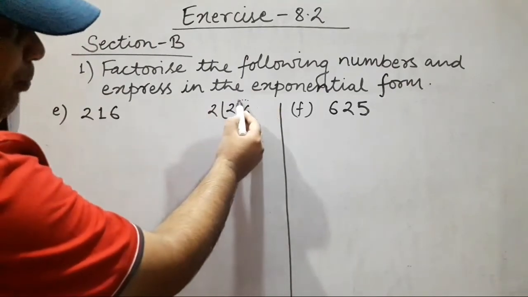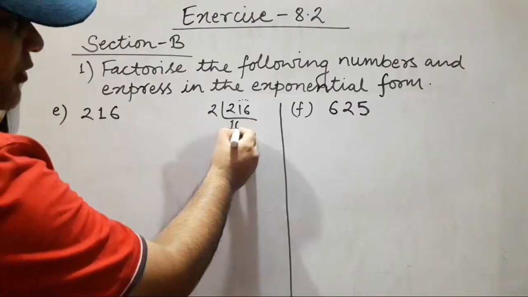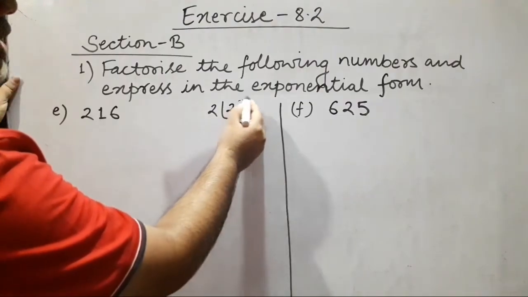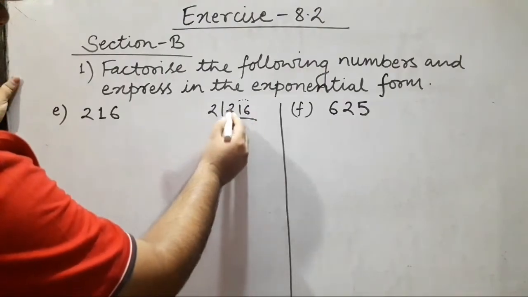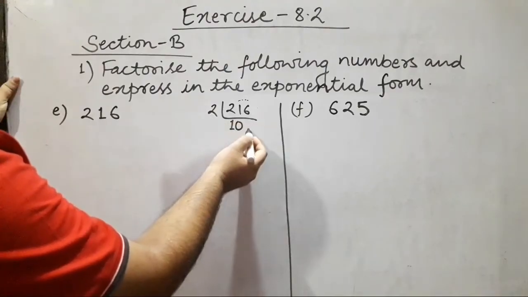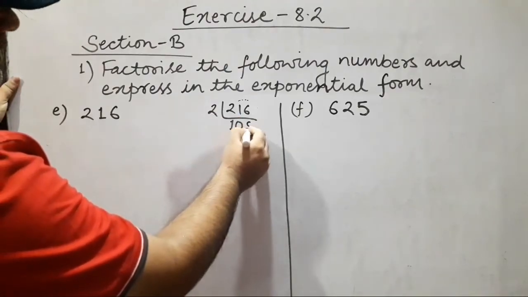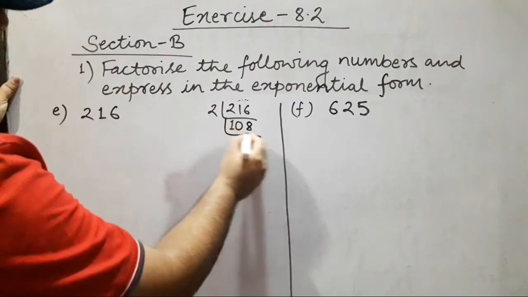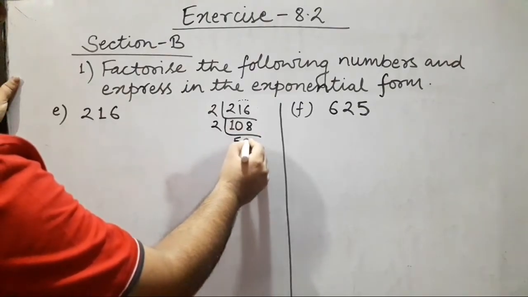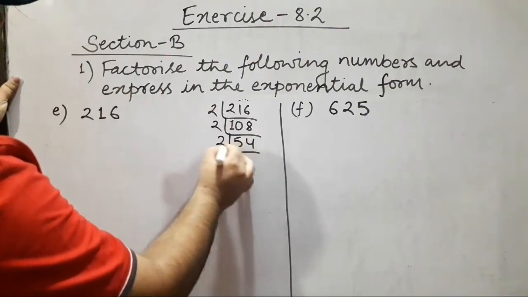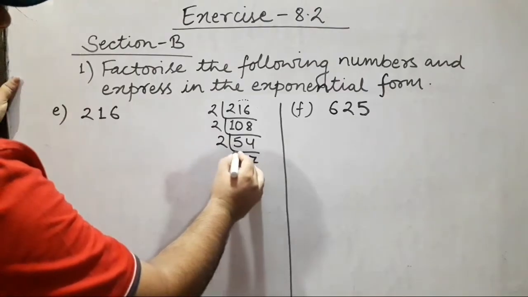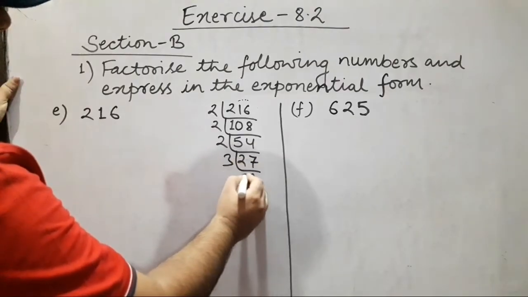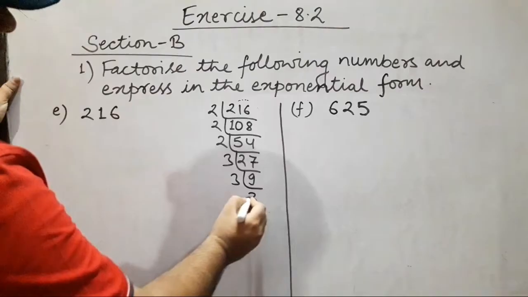If you want to take both digits, then you should keep a 0. Then only you are allowed to take both digits. So 2 1s are 2, 2 0s are 0, 2 8s are 16, 2 5s are 10, 2 4s are 8, 2 2s are 4, 2 7s are 14, 3 9s are 27, 3 3s are 9.